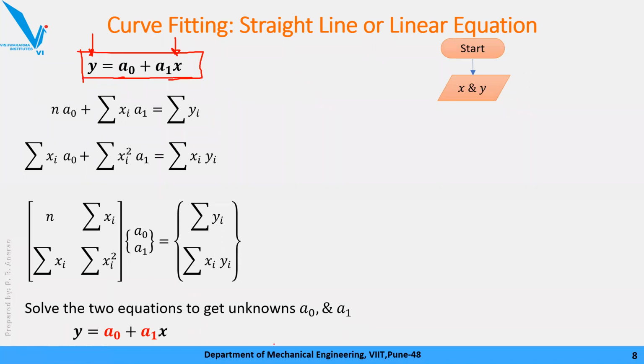Our ultimate aim is to calculate the values of a0 and a1. If I get the values of a0 and a1, I get the equation of a straight line. So to get these a0 and a1 values, we have these two equations.